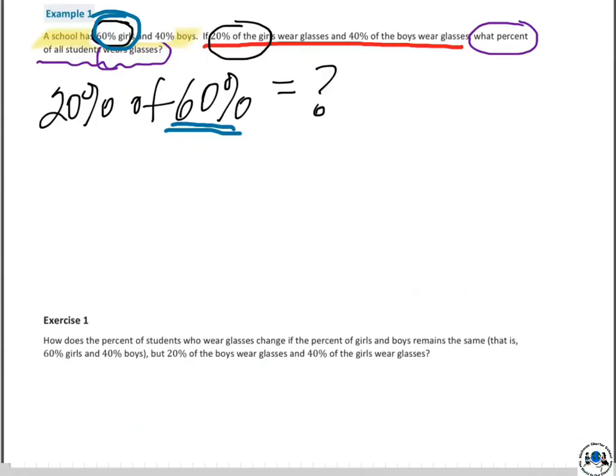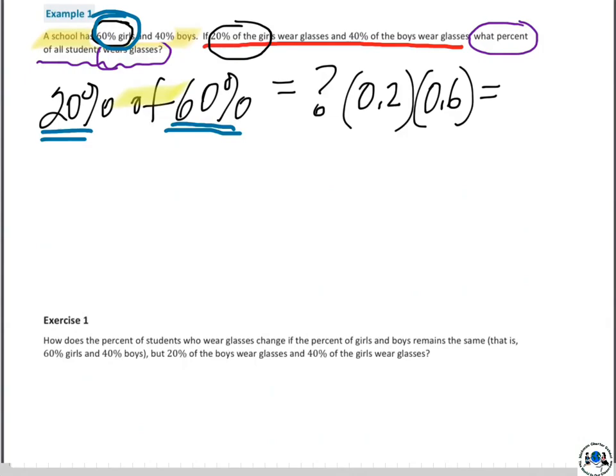So that 60% becomes the representation of our girls. 20% of those girls wear glasses. Therefore, we're looking for 20% of 60%. And again, like I emphasized, that of should have been a hint, a tip. It was meant to be.